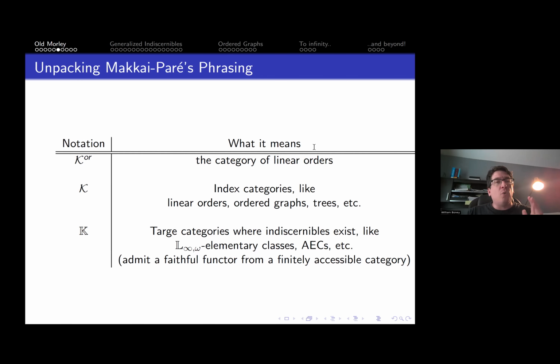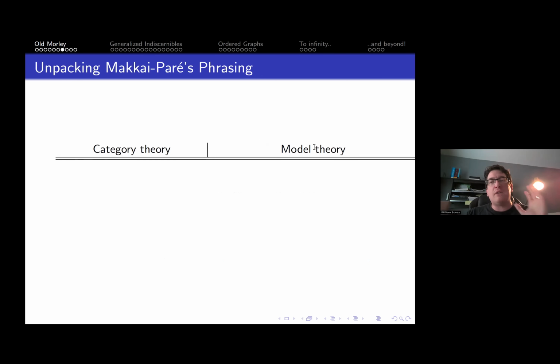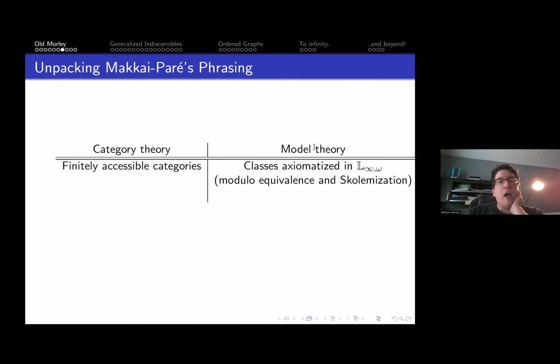Yeah. So let's unpack this a little more and create a dictionary between model theory and category theory. Mackay and Perret talk about finitely accessible categories. You should think of those in your head as classes axiomatized in L infinity omega. They're not exactly the same. There's some extra stuff to add here.